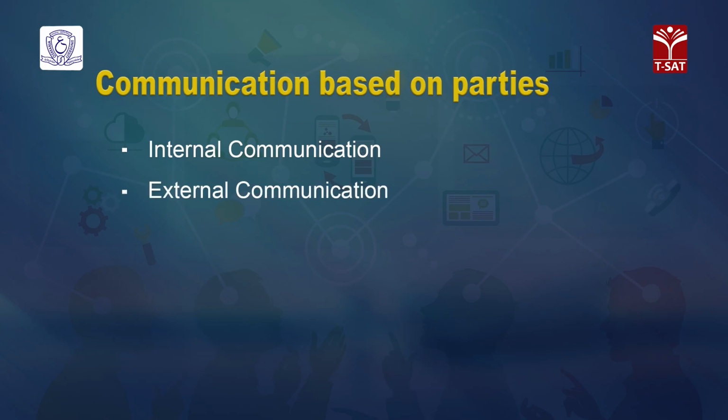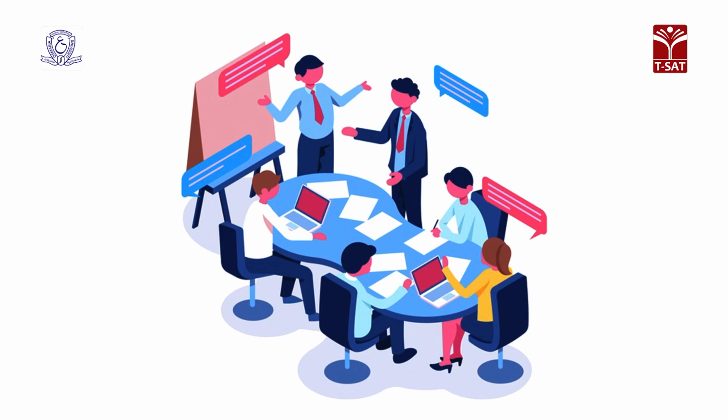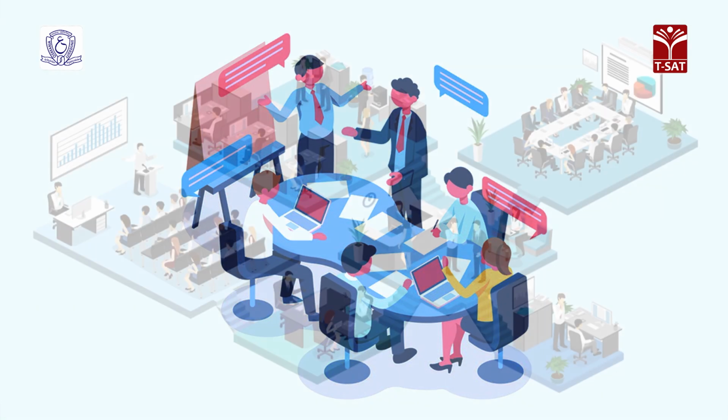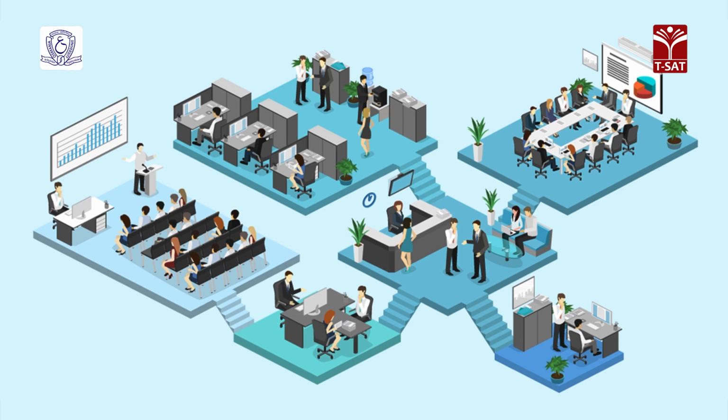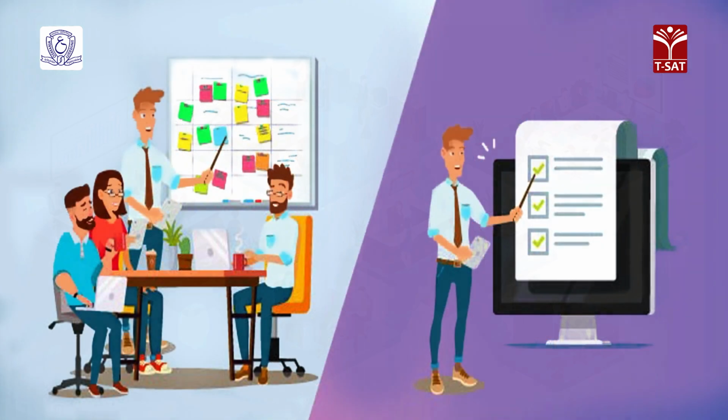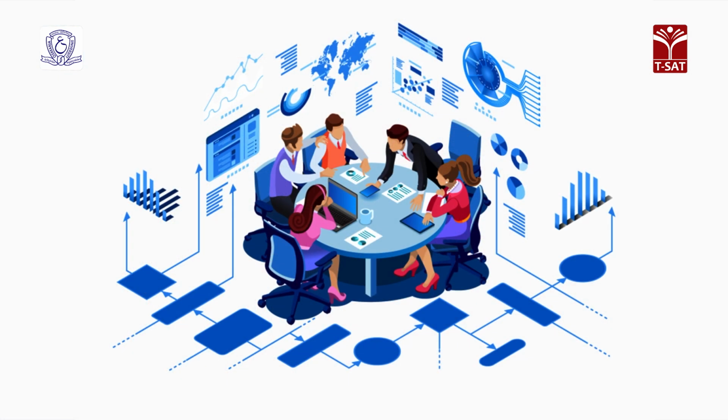External communication. External communication is the communication that takes place between members of the organization and members of external agencies, business clients, other organizations or any outsiders. Therefore, it can involve business to business communication or business to customer communication or both.